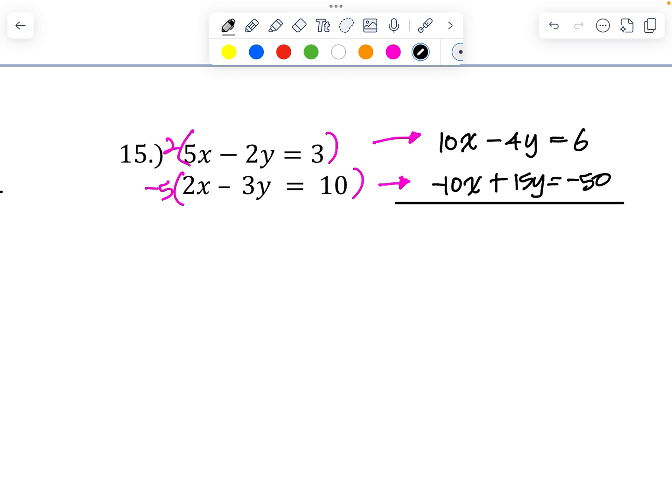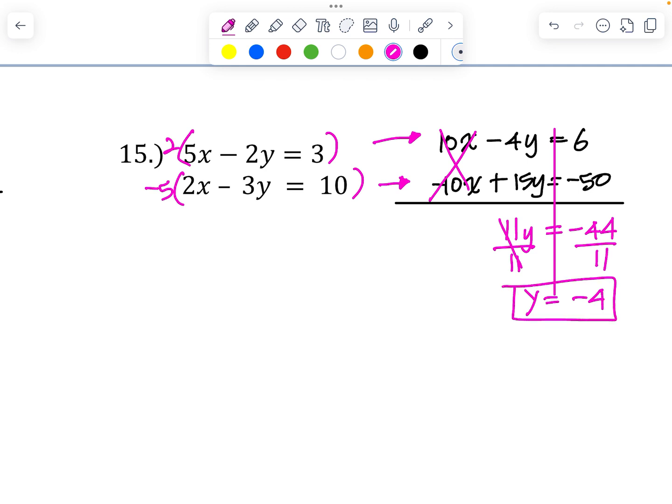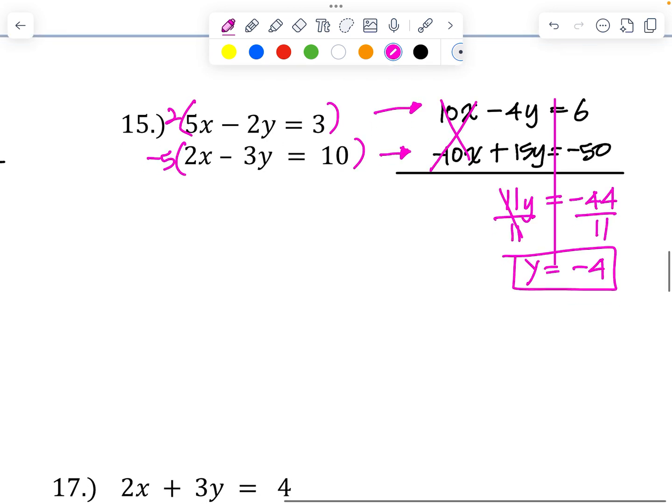Okay, and I can combine them now. So that cancels out. I get 11y equals negative, what is that, 44? Divided by 11 on both sides, so y equals negative 4. That's my answer for that. And then I'm going to try to find x using that equation. Let me use the blue. That equation.